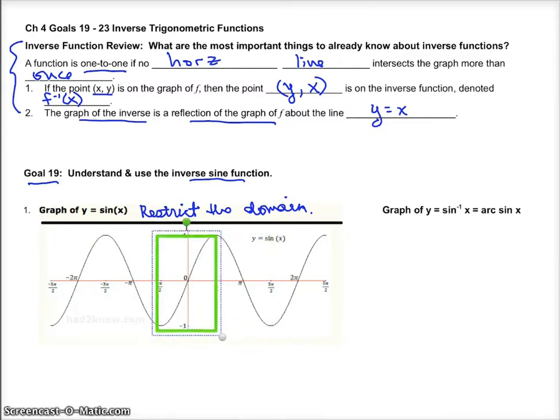So we will restrict the domain for y equals sine of x to negative pi over 2 to pi over 2. The restricted domain for y equals sine of x is negative pi over 2 to pi over 2.